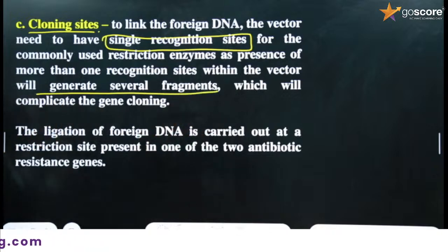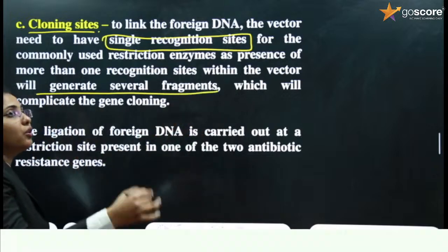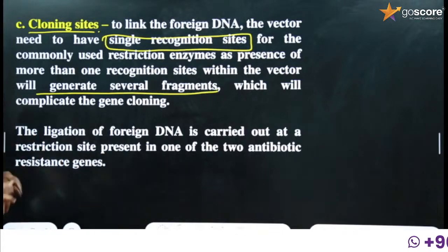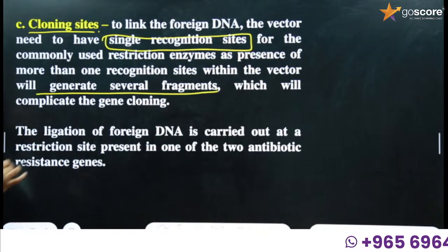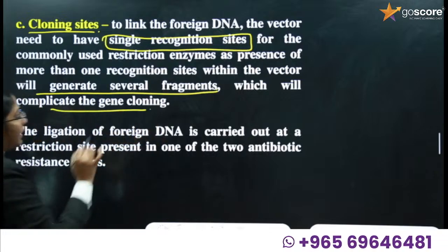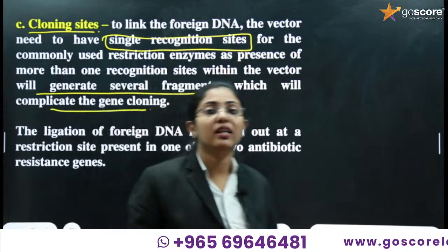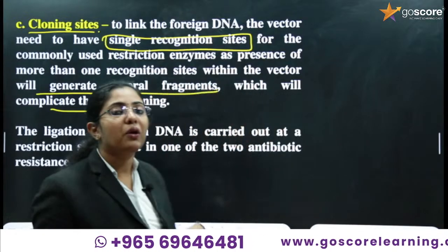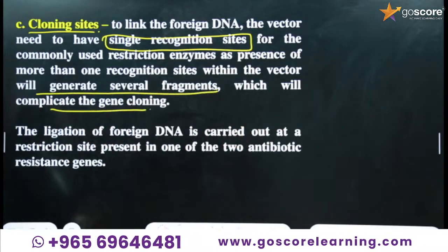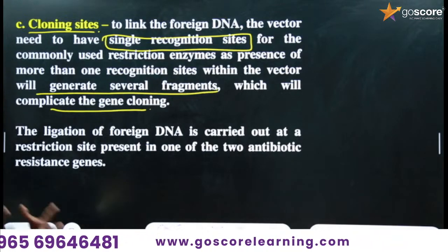That means many different fragments will complicate the gene cloning. If a larger number of fragments are formed, it can complicate the gene cloning. If one is present, then it can easily regulate the formation of the different fragments.